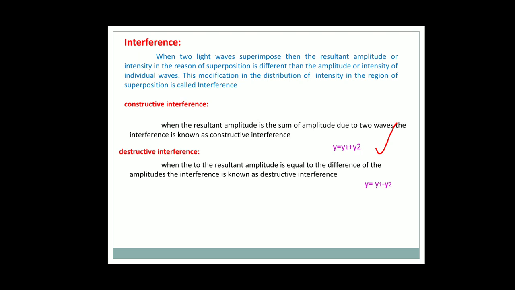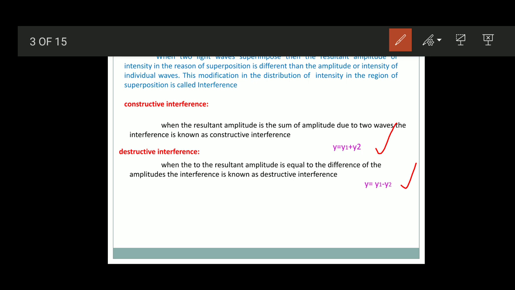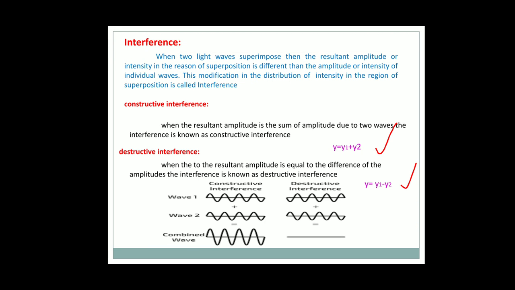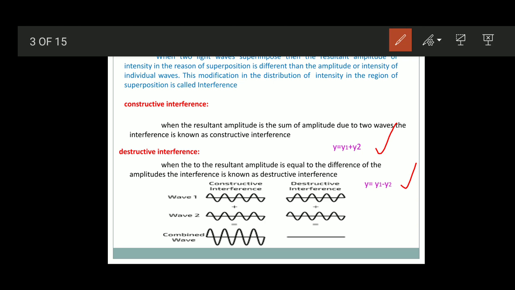So when the two waves superimpose on each other and the resultant amplitude is equal to the difference of the amplitudes, the interference is known as destructive interference, so that the displacement can be written as y is equal to y1 minus y2. The same diagram we can see here. The first case is constructive interference, in which the amplitude increases. This is the second case, destructive interference, in which the amplitude is nearly 0.